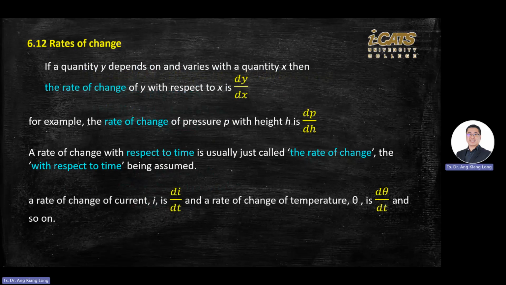In your electric circuit or in your avionics later, if you differentiate current with time, then there's a rate of change. Velocity is also the same. Temperature is also the same, d theta dt.